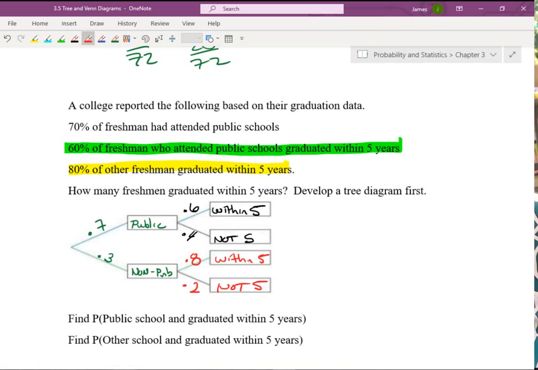Now it says find the probability that they went to public school and graduated within 5 years. The keyword here is "and." So I'm going to determine the probability of public schools times the probability of graduated within 5 years.